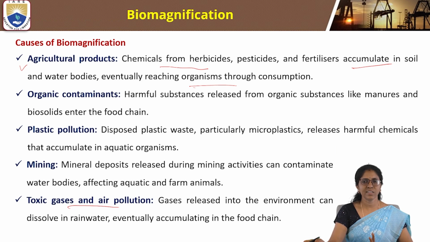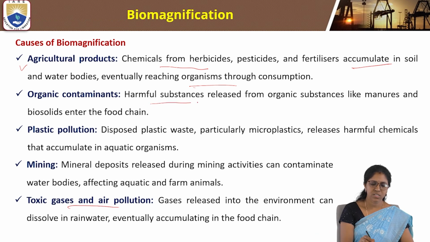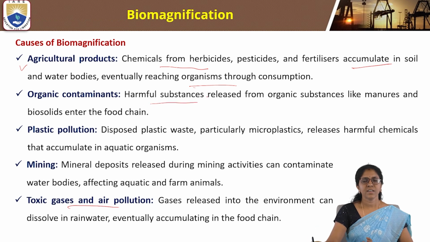These are accumulated in the soil or water bodies, and eventually consumed by other living organisms. Organic contaminants are harmful substances released from organic substances like manures and biosolids, and these enter the food chain.